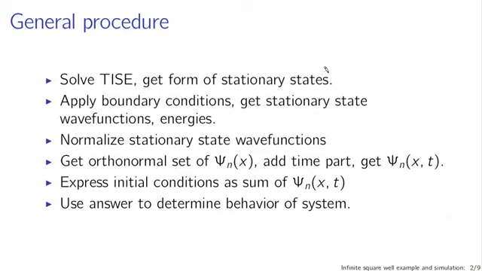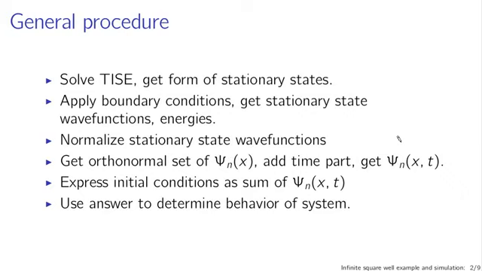So, the general procedure that we'll be following in this lecture is, once we've solved the time-independent Schrödinger equation, we get the form of the stationary states. Knowing the boundary conditions, we get the actual stationary state wave functions and their energies. These can then be normalized. They will, for the most part, form an orthonormal set, psi sub n of x.